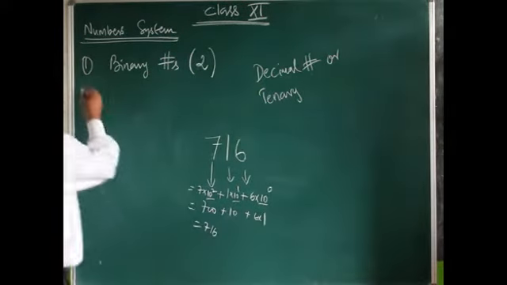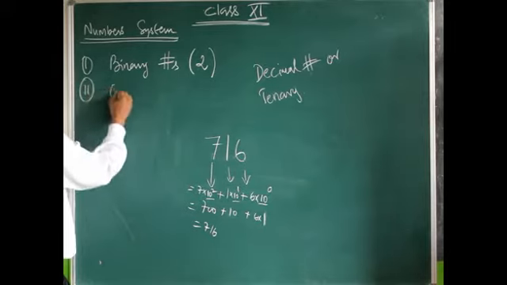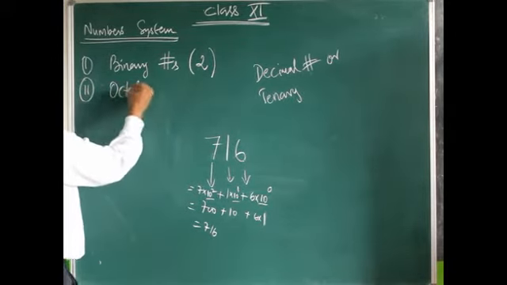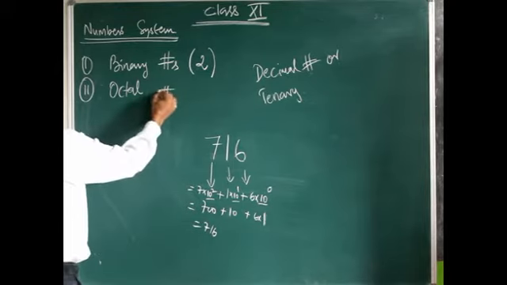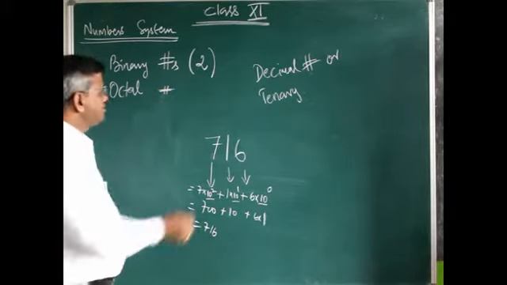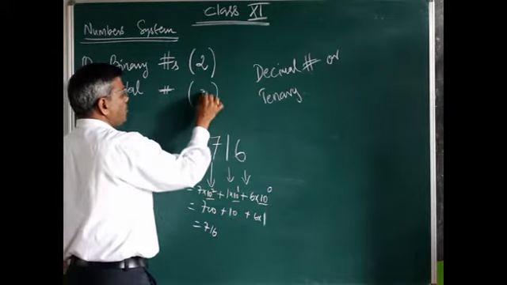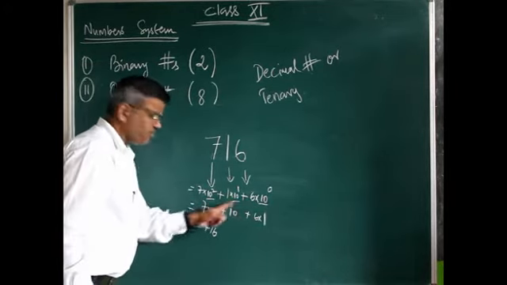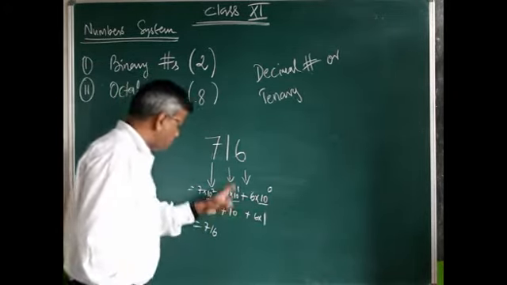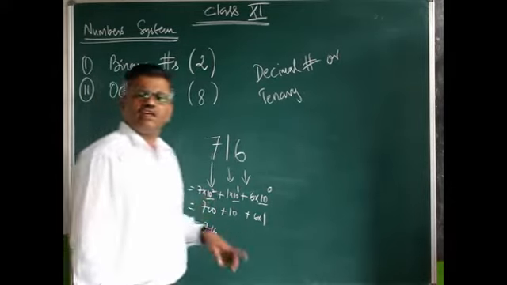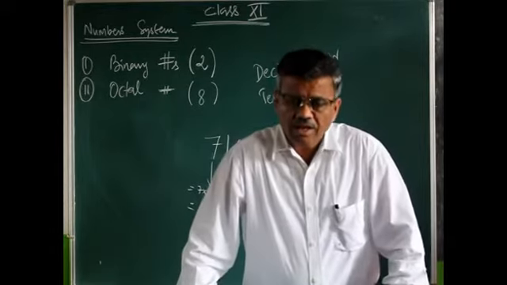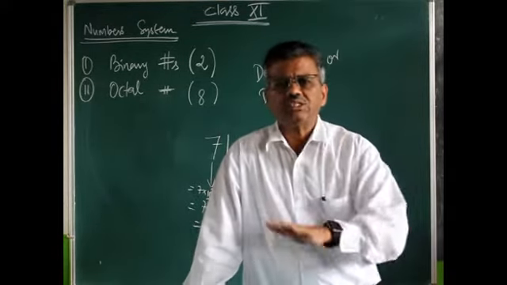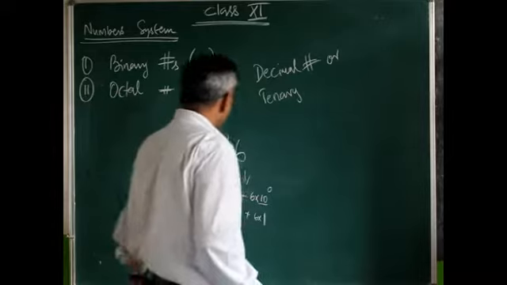Then, the second one is the octal number system. The very name suggests it. What do you mean by octal? Oct means what? 8. If instead of 10, you use 8 to the power of 0, 8 to the power of 1, 8 to the power of 2, 8 to the power of 3, it's called the octal number system, where there are only 8 digits, 0 to 7.